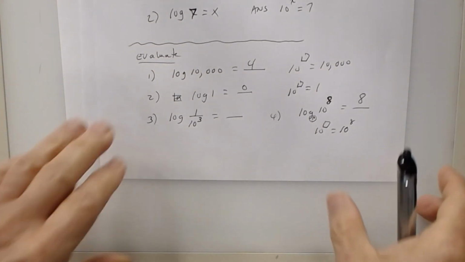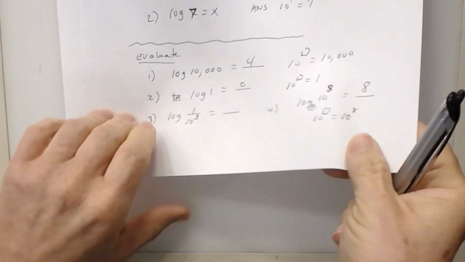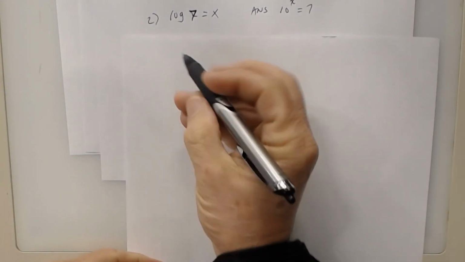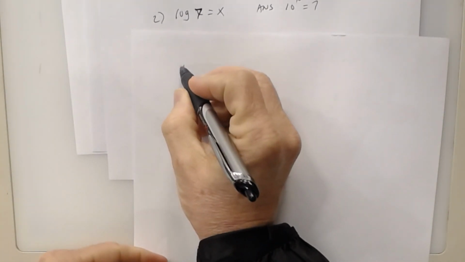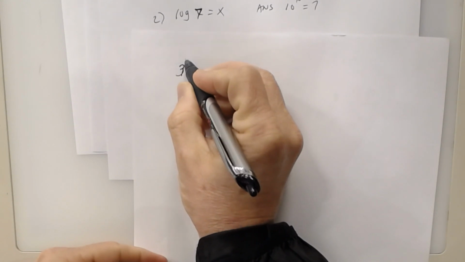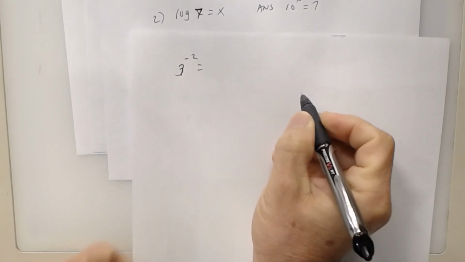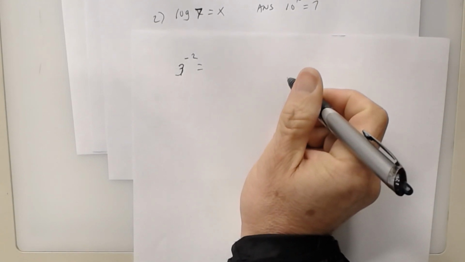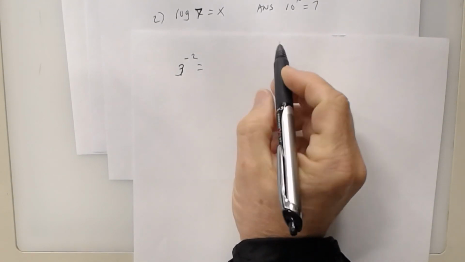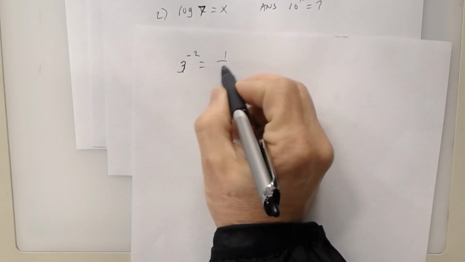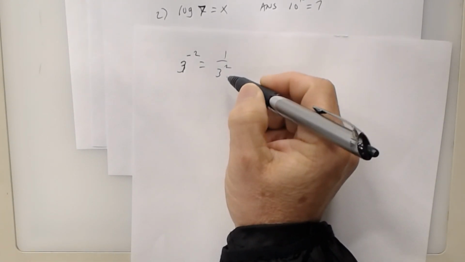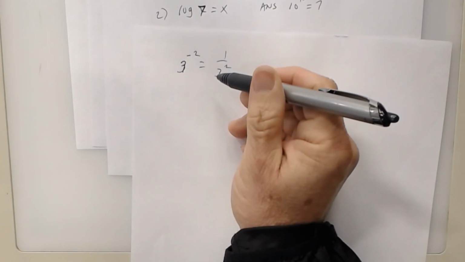I guess we have to do what we did yesterday again. What is 3 to the negative second power equal to? 1 over 3 squared, right? So I'm asking you, do you understand that 1 over 3 squared is the same thing as 3 to the negative second?